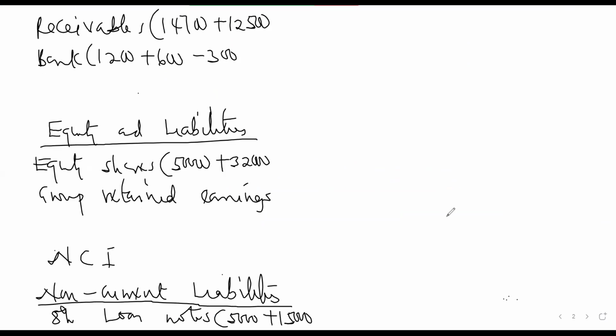They are going to pay the interest immediately. That's why we have taken the 300 from cash. Or you can treat it as a current liability. There is no problem with that, because the question is not specific as to whether it has been paid or not. Can I move on now?